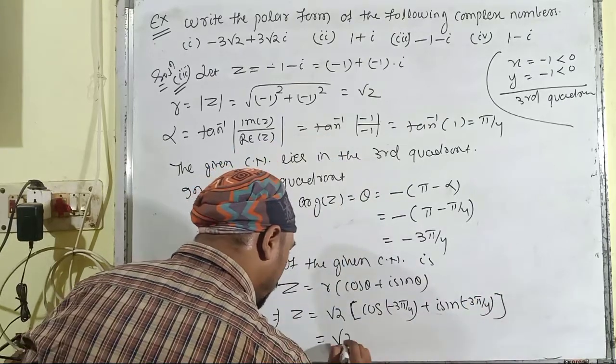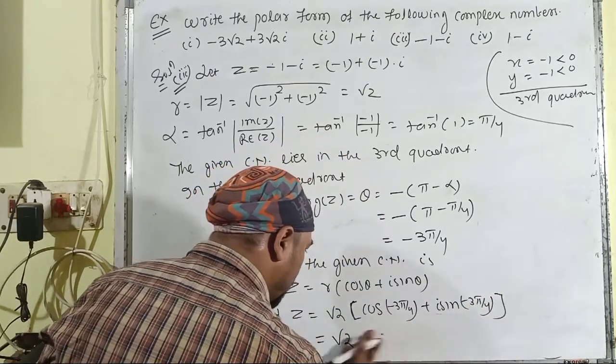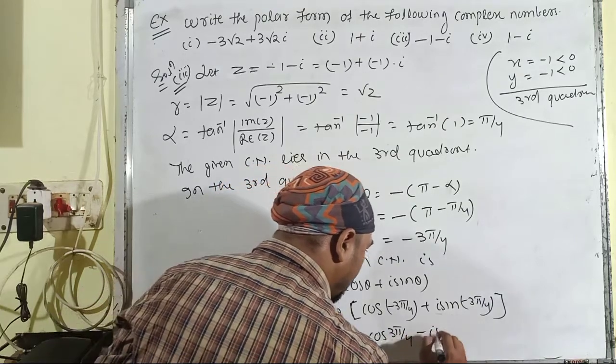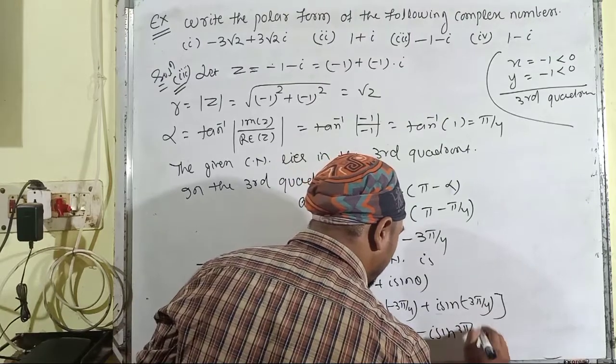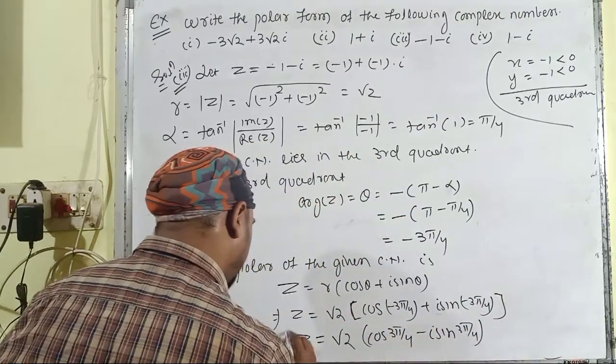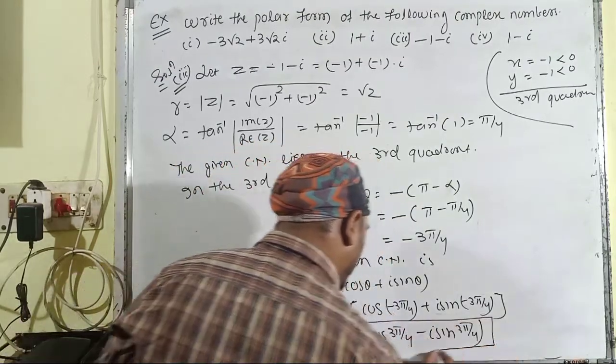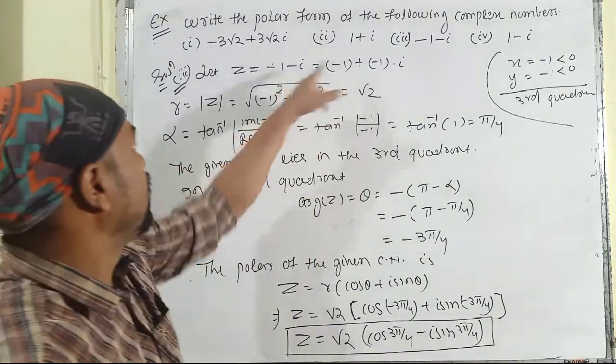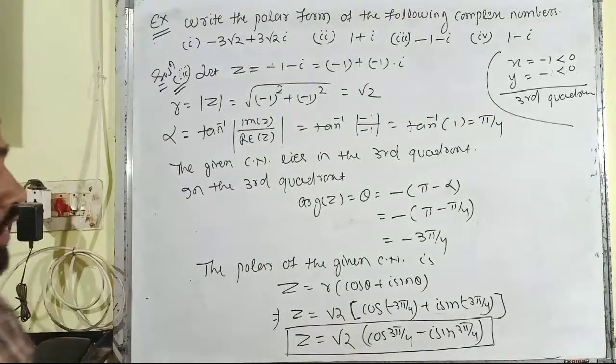Then this is equal to root 2 times cos 3 pi by 4 minus i sin 3 pi by 4, which is the required polar form of the given complex number, which is represented by minus 1 minus i.